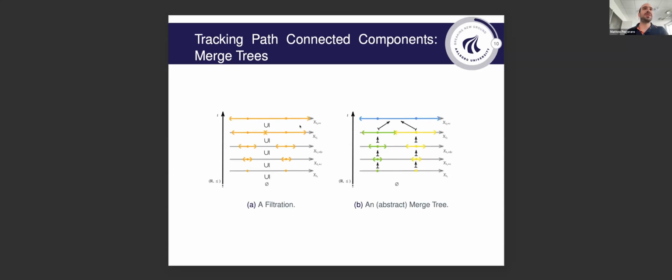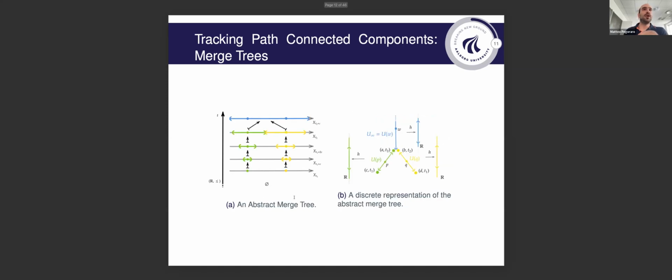Here we have a visual representation of a filtration. If we then apply the functor of path-connected components, we obtain this persistent set. We want to turn this persistent set into some discrete object that we can work on. We need to be a bit careful about giving definitions because we want to avoid this situation. We want to have a proper graph, or as the name says, a proper tree.